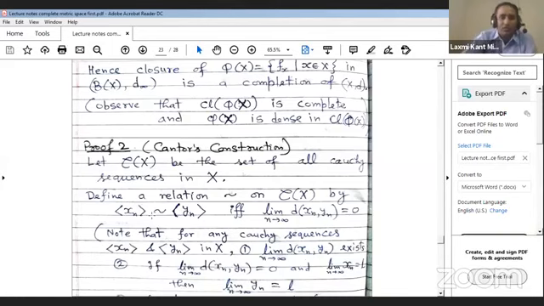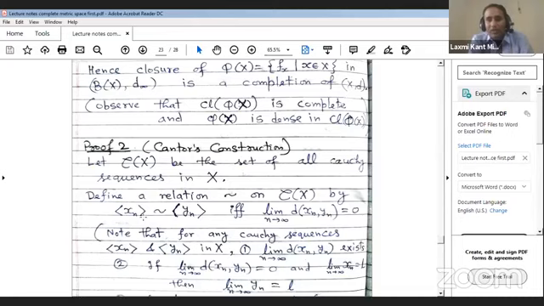Suppose we consider the set C(X) of all Cauchy sequences in X. Now define a relation on C(X): any two Cauchy sequences are related if and only if the limit of distances between corresponding terms tends to zero.